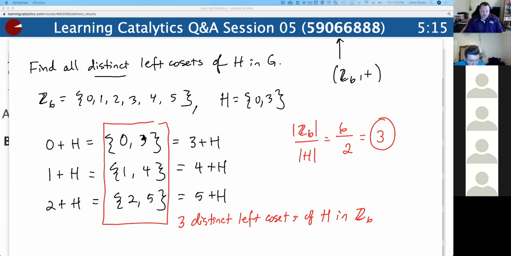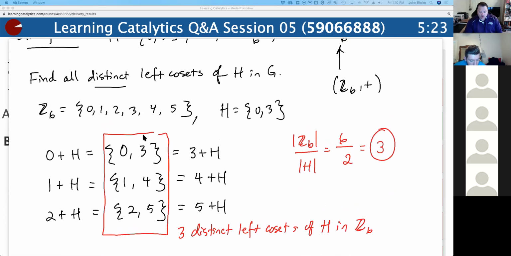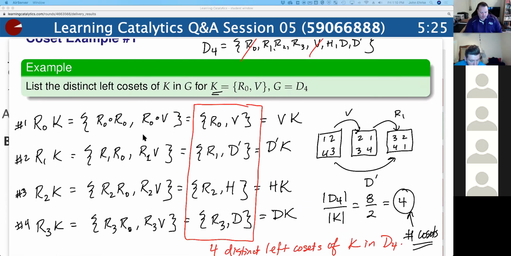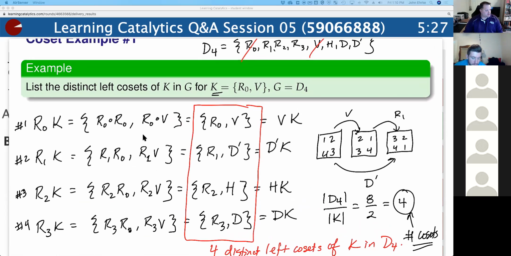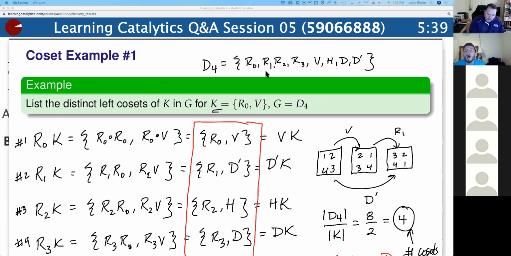Now we've done 2 examples where we found all of the cosets, and I want you to observe what's happening here. I'll go back real quick to the dihedral group example. If you look at it, we've taken the entire group, which I have written out there at the top, and we've partitioned it.